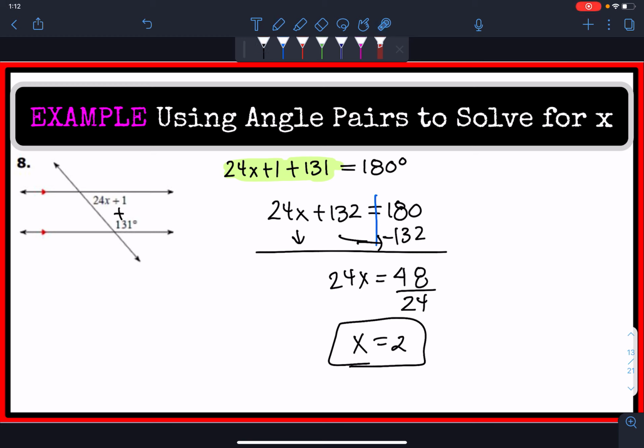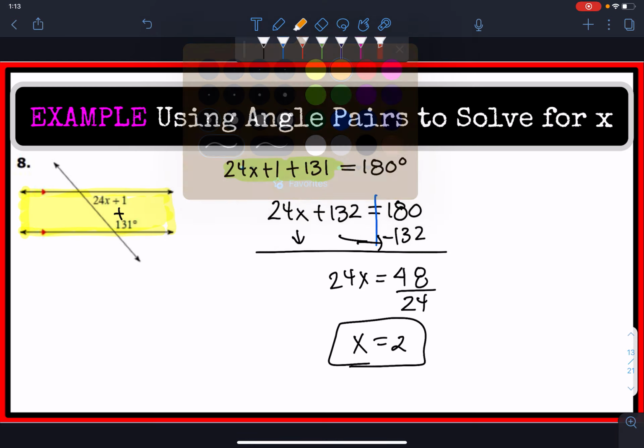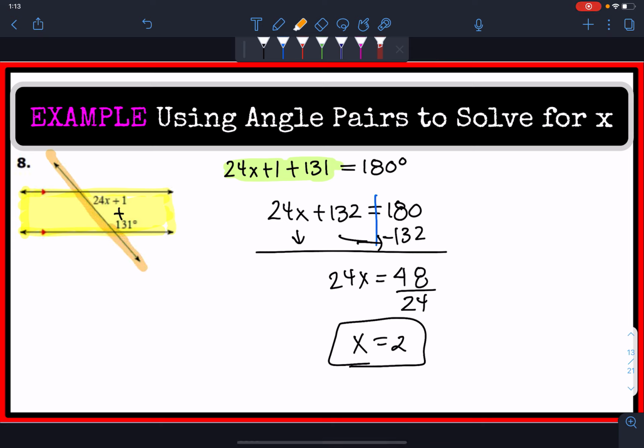And again, the reason that they are supplementary is because of the angle relationship. Since they're both inside and on the same side of the transversal, they are interior angles.